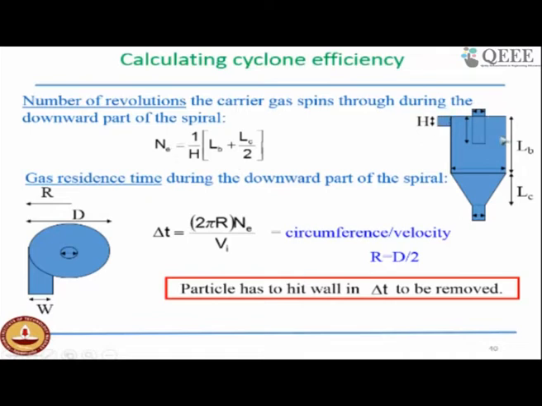Next, if you know the number of rotations and the diameter of the cyclone, you can find out the distance these particles travel. You can use that information to quantify how much time the gas or particle spends within the cyclone. This we call the gas residence time, where Vi is your inlet gas velocity.